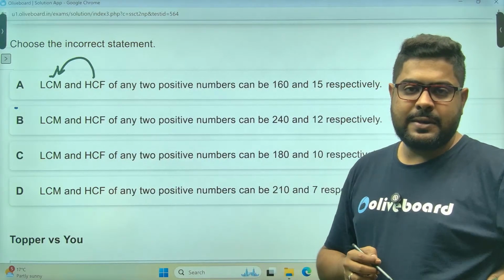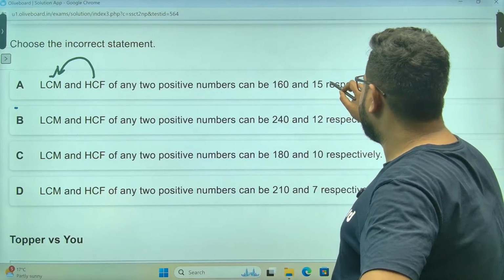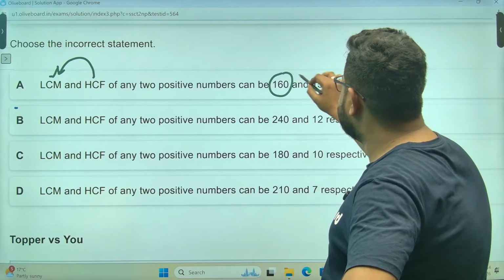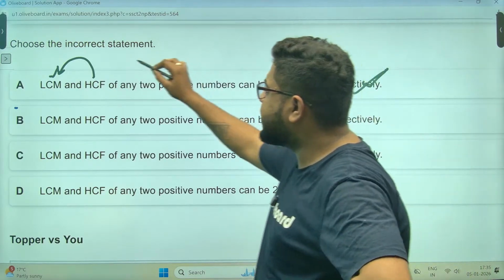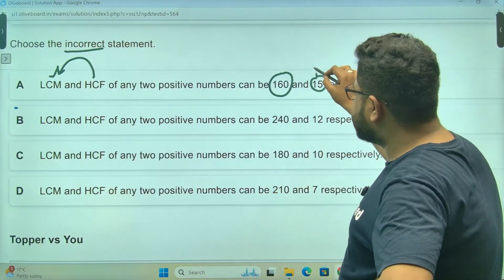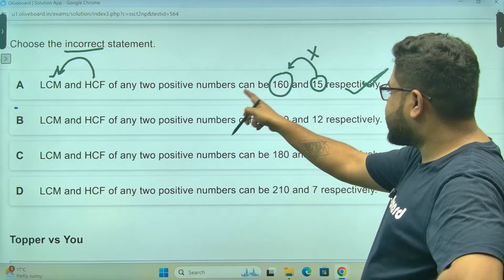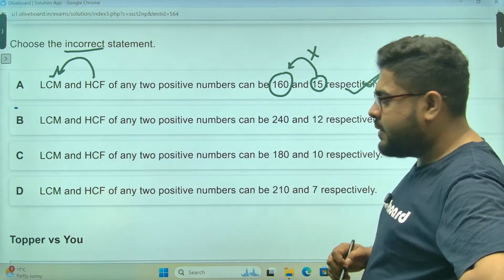This happens. So just check LCM to HCF 15. So this is my correct answer because they are asking the incorrect statement. You see, 160 is not a multiple of 15.